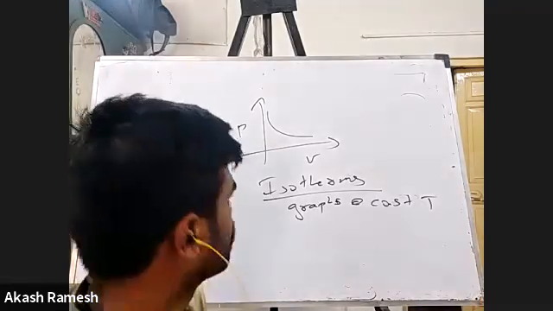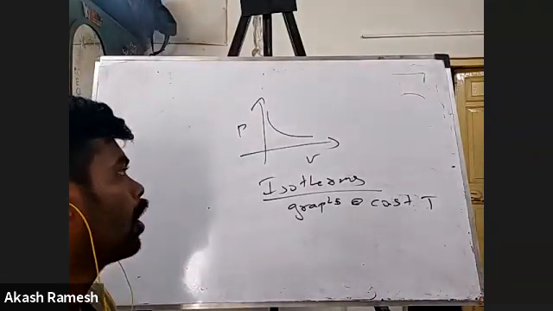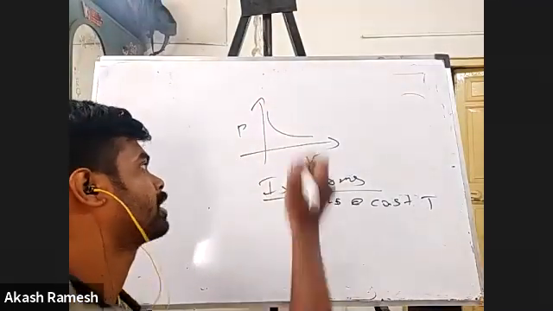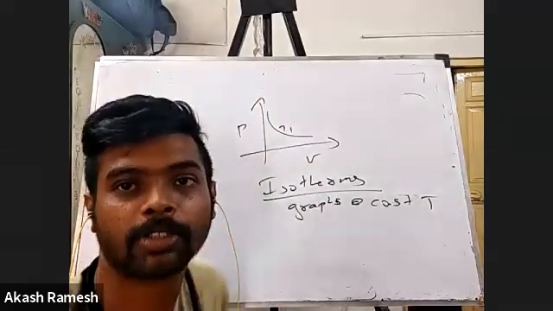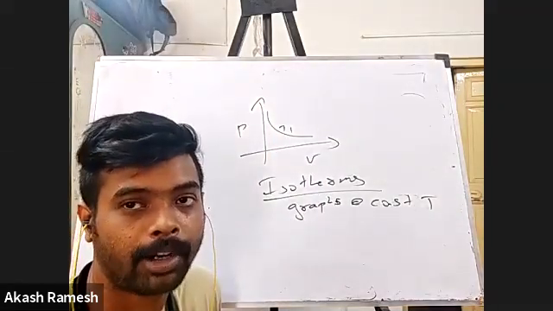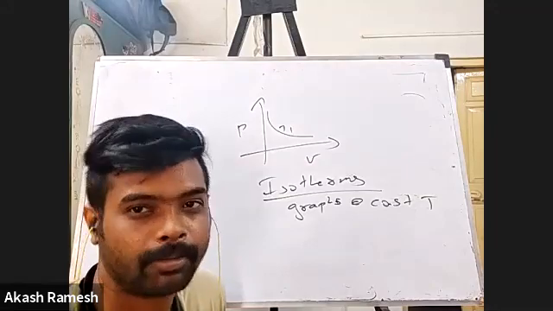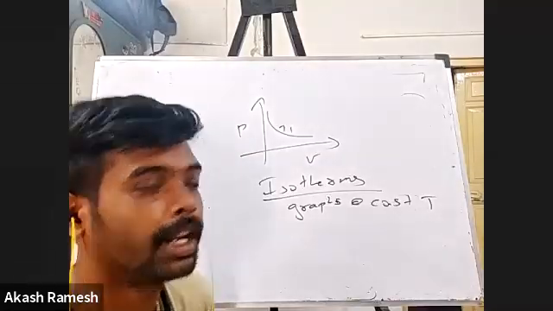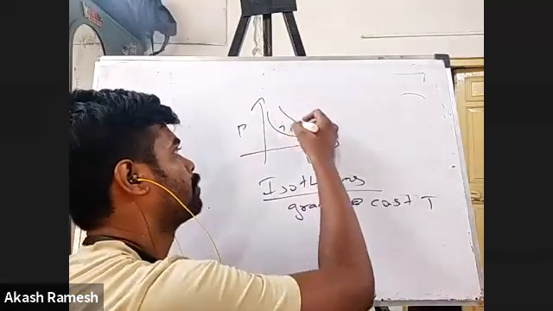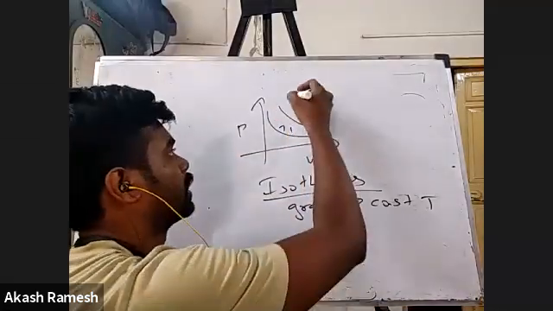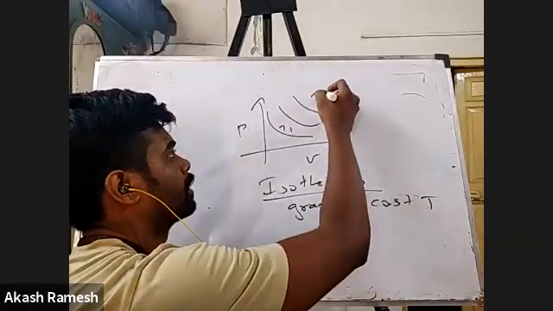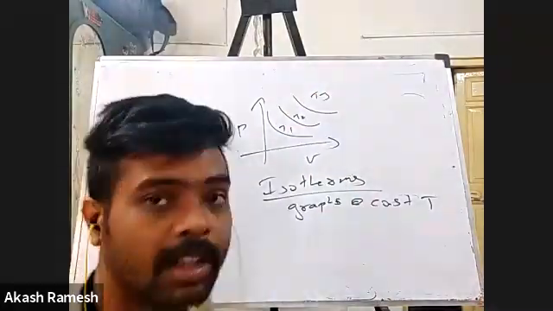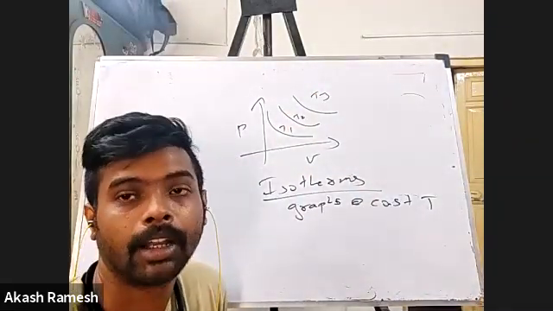Now the question is, this graph was plotted for temperature T1, and at all the points the temperature is the same, T1. Say now I have 2 more graphs, all plotted at different temperatures, T2 and T3.